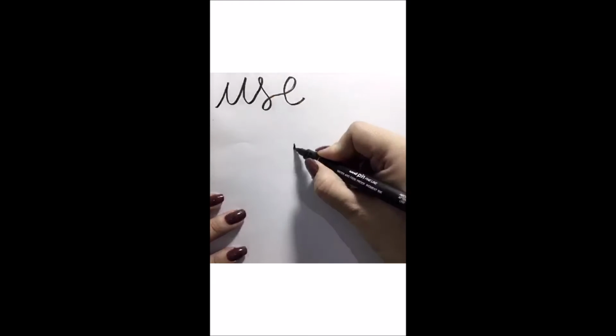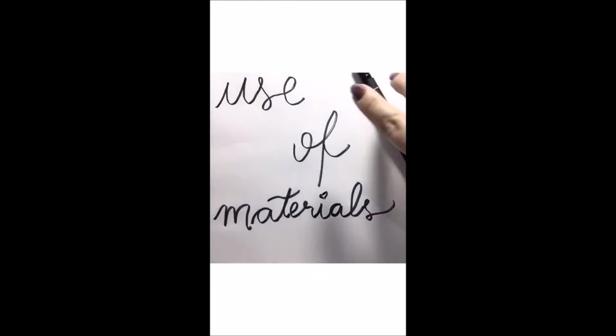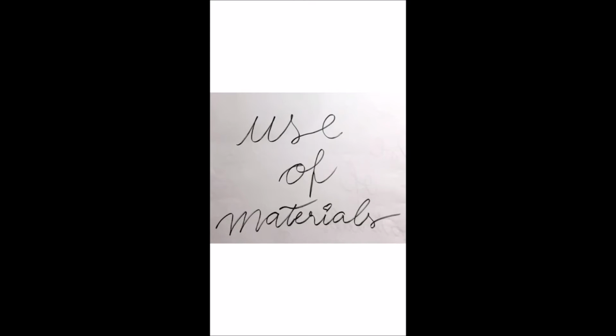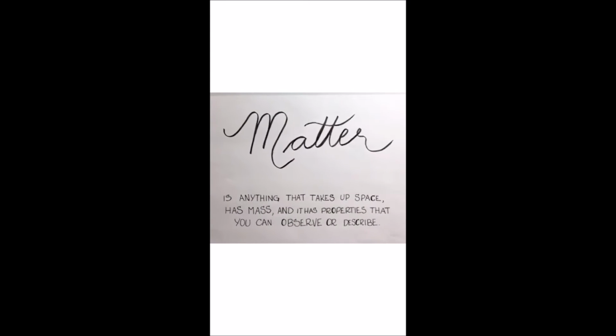Okay, Year 5, so today we're going to learn about the use of materials. This is your new content of science. But to understand that, we need to learn some concepts, okay? The first one we need to learn is about matter.